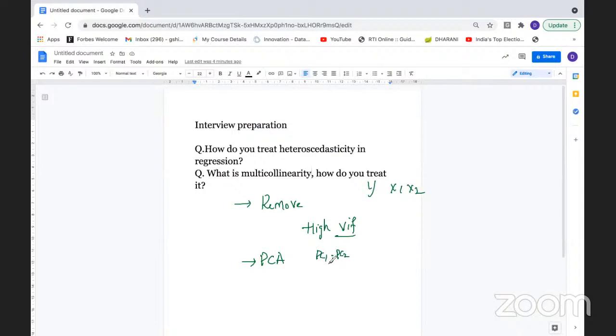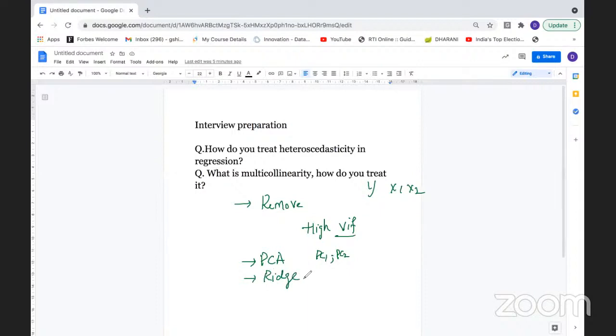Instead of using highly correlated variables, use the uncorrelated components in the model. One more option is ridge regression, a technique for analyzing multiple regression data that suffer from the multicollinearity problem. This is one more solution.